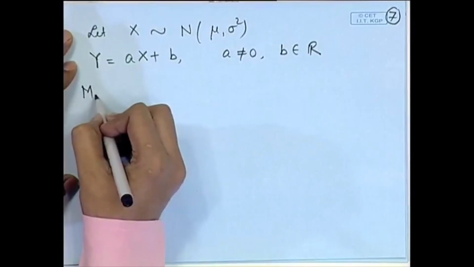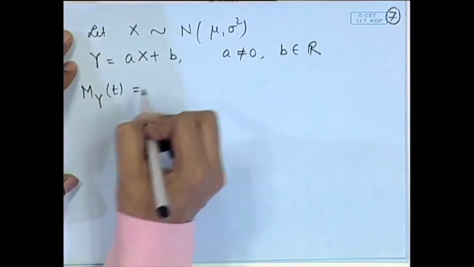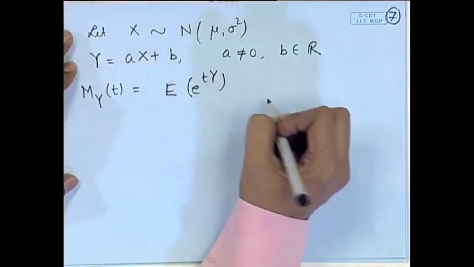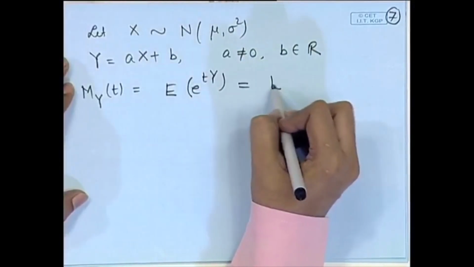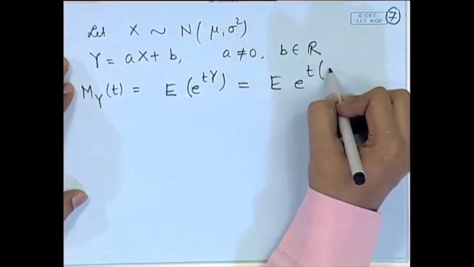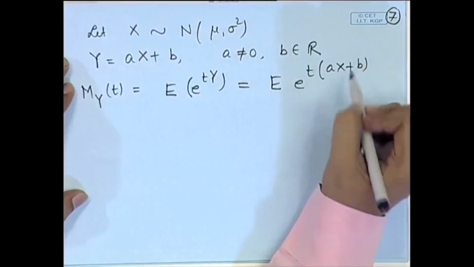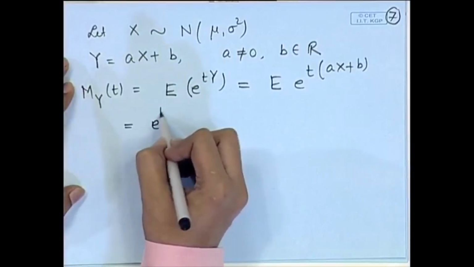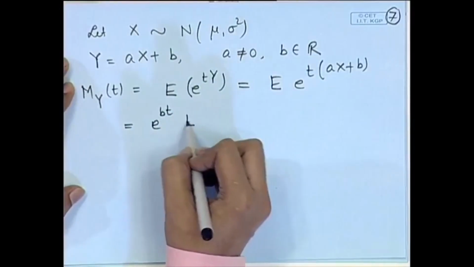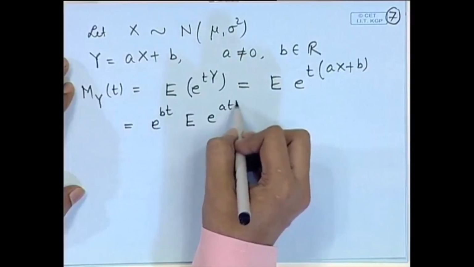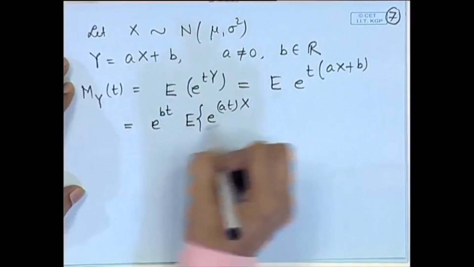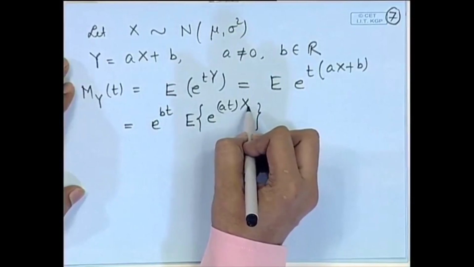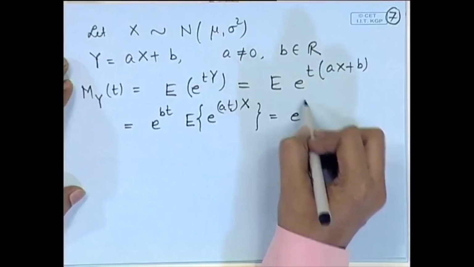Consider the moment generating function of y, that is equal to expectation of e to the power t y. This is equal to e to the power b t expectation of e to the power a t x. This can be considered as the moment generating function of the random variable x at the point a t.